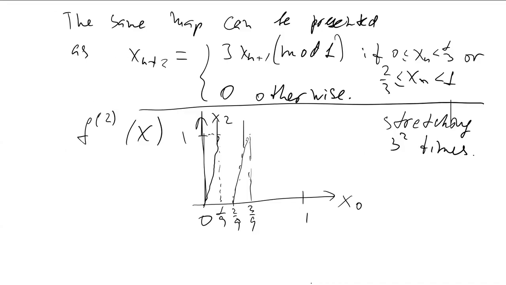And therefore, we get f2 is 3 times x_{n+1}, or 9 times x_n, when x_n is between 0 and 1/9, or between 2/9 and 3/9. And here it was the same. So it is 3/9. Let's put it like this.